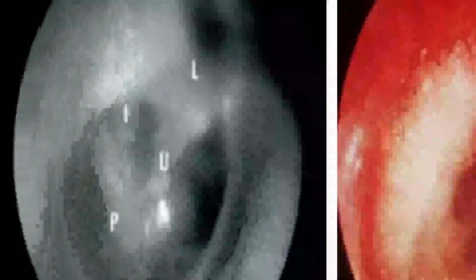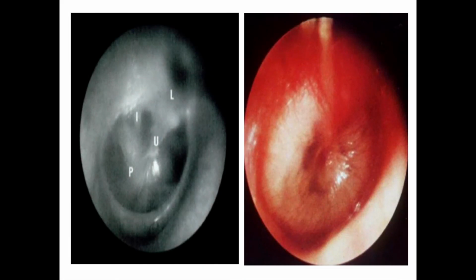This is the normal eardrum. In the second figure you can see the bulging of the eardrum. As a result of the infection there is an effusion, and this resulted in the bulging of the eardrum. Here you cannot see the middle ear bones clearly, so it indicates there is an infection.